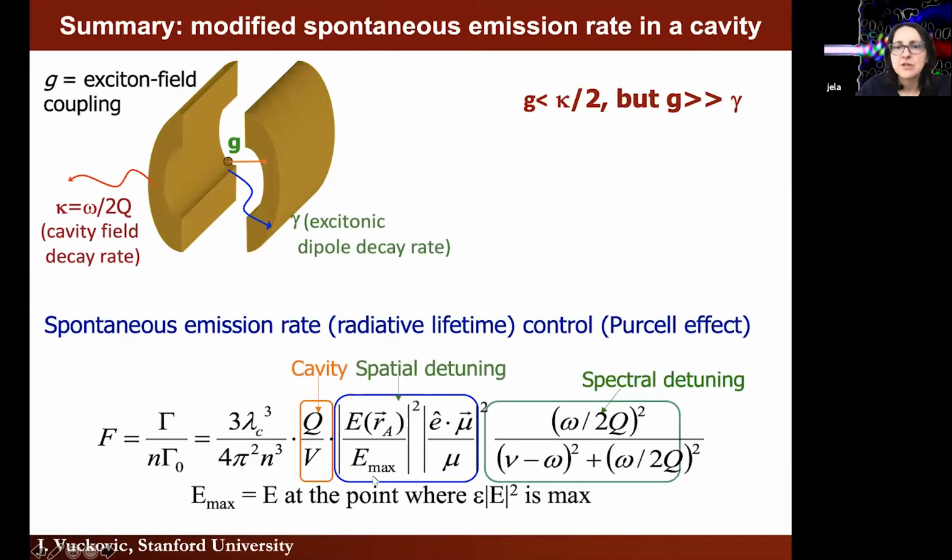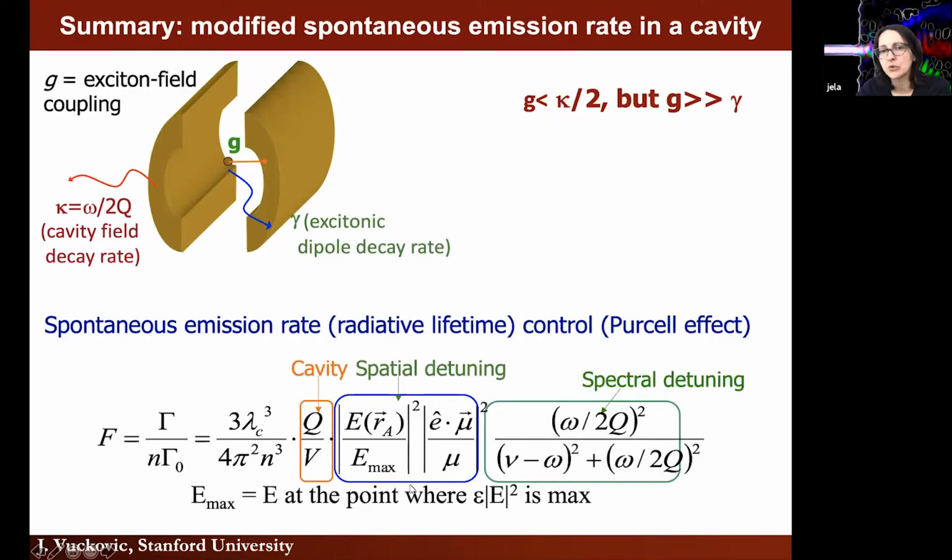Okay, great. So this is just a summary of the weak coupling regime, and we're mostly interested in the Purcell regime, when the emitter is the narrowest in the system, but the cavity field decay rate dominates. You can still reach an interesting regime of interaction where the spontaneous emission rate is enhanced relative to the rate without the cavity, and the maximum enhancement is given by the Purcell factor and depends on the ratio of Q factor to mode volume.